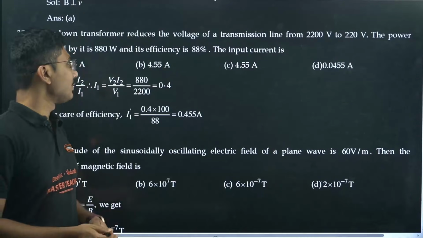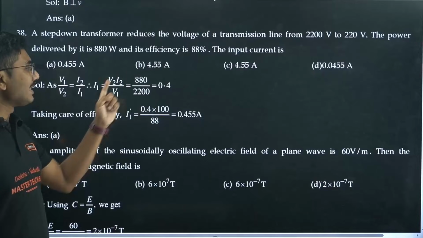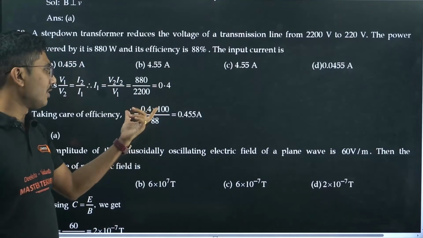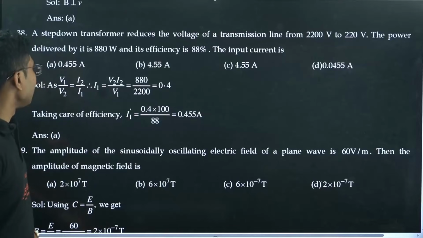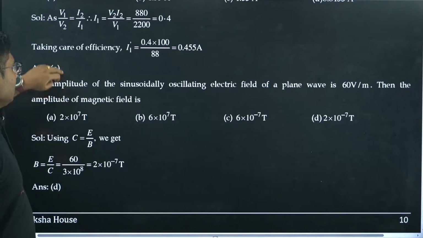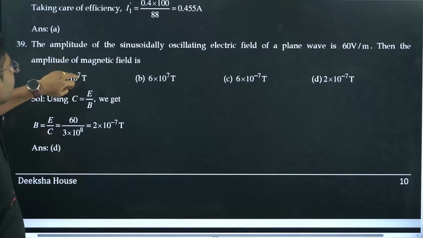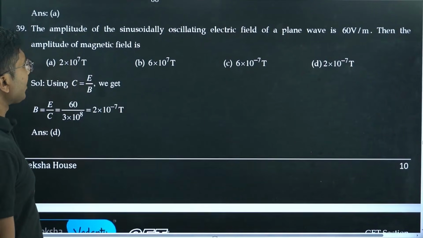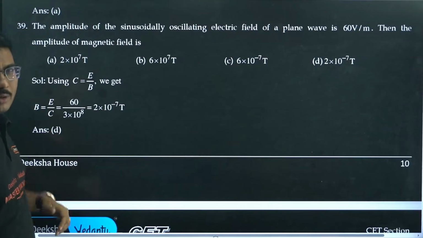So first you calculate the ideal current, and using the ideal current, you use the reverse of efficiency, and you can calculate the current. You can solve it in another way also, no problem. If you are comfortable, you can use the other way also. This is the formula based approach.